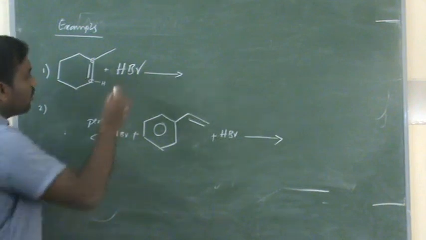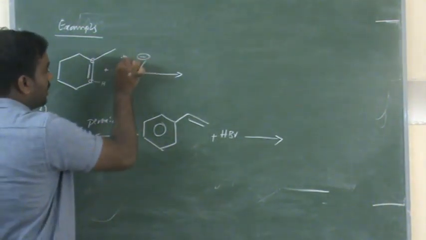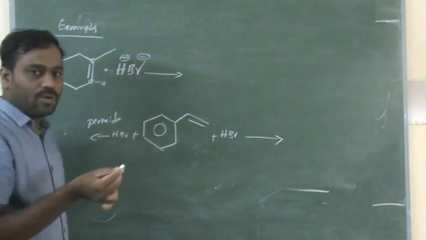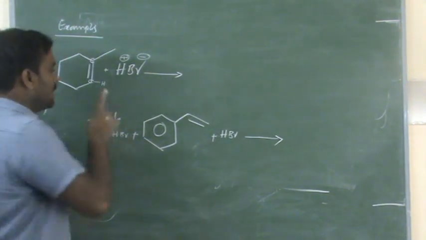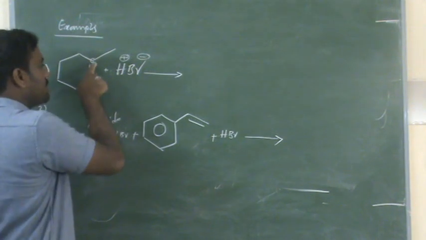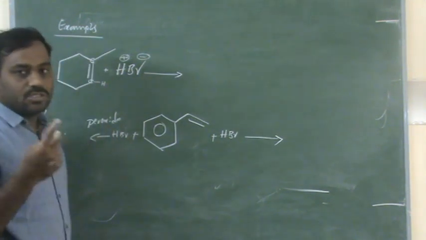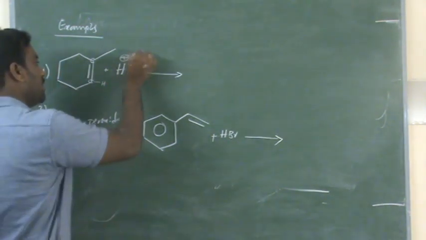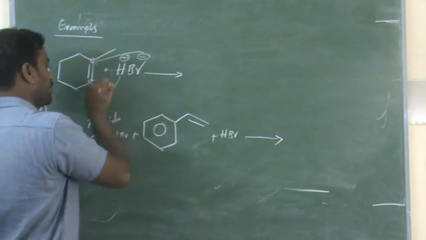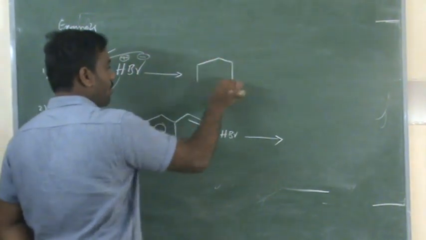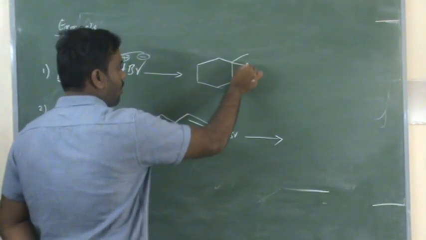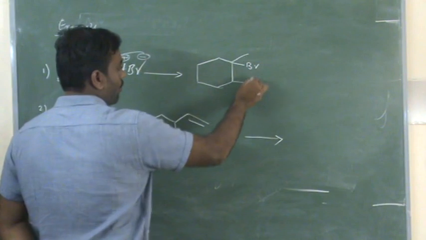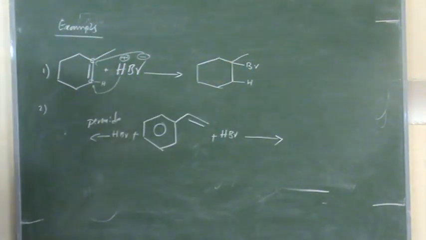That's why the negative part in the attacking reagent goes according to Markovnikov rule where the less number of hydrogens is there. Here there is 1 hydrogen, here this carbon has 0 hydrogens. That's why the Br is going there and the H is going there. This is the major product.